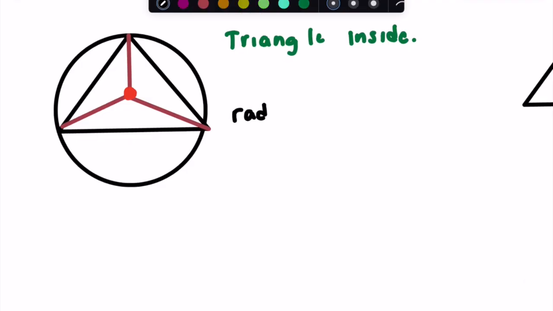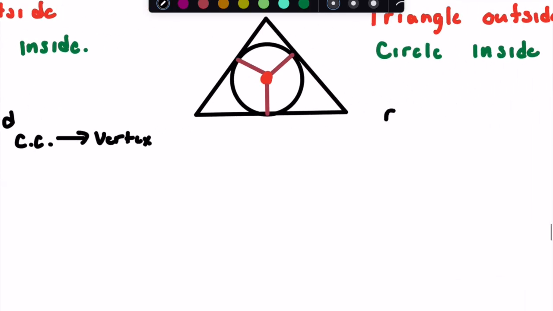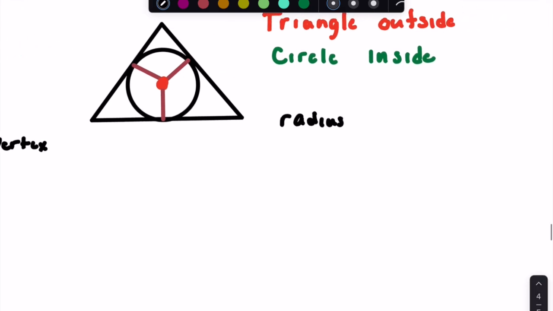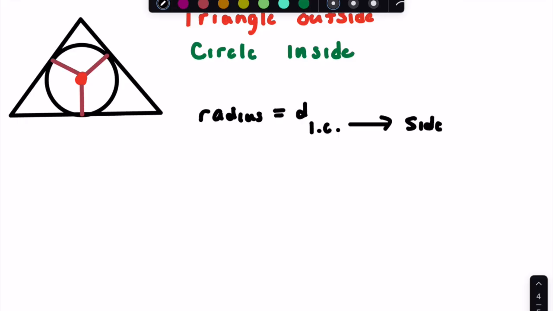So the radius is the distance between the circumcenter and the vertex, whereas here the radius is the distance between the incenter and the side of the triangle.